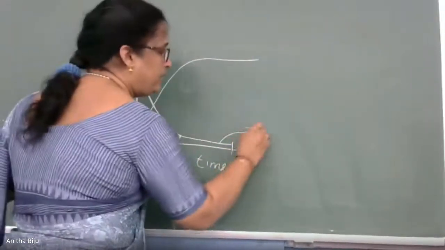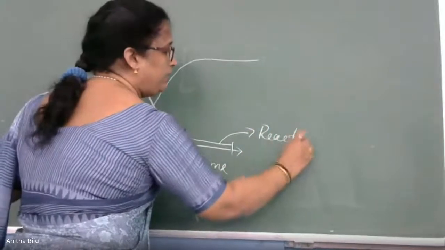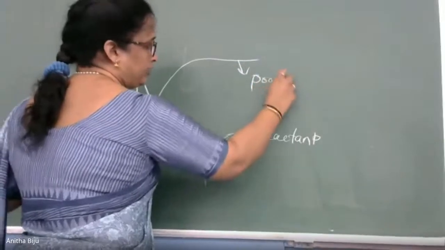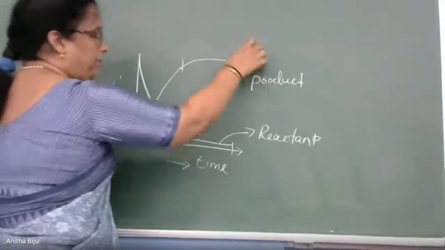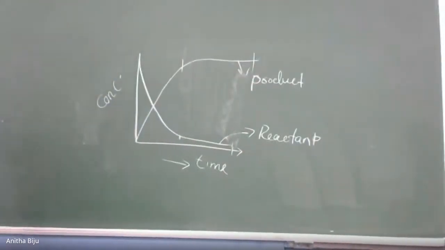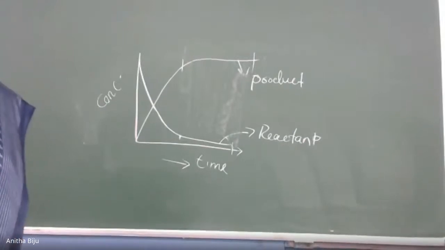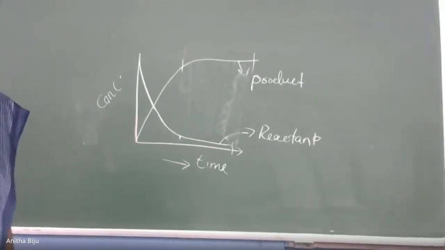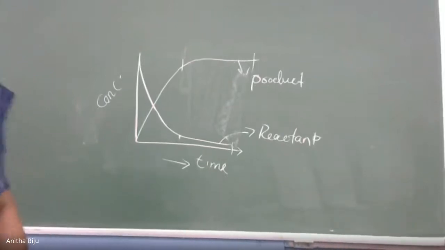This one represents the concentration of reactants, and this represents that of products, and this particular area stands for the equilibrium state for a reversible reaction. So for a reversible reaction, at equilibrium, the rate of forward reaction is equal to the rate of backward reaction. Got it? So in this way we can compile these two graphs. This is the way we can express the rate of a chemical reaction.